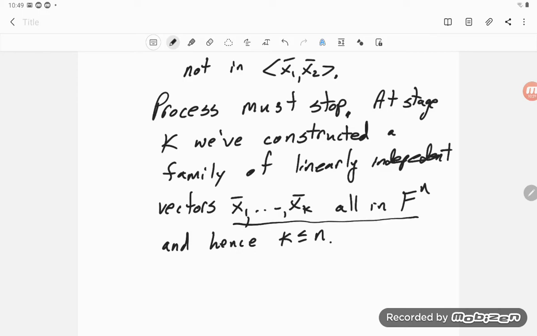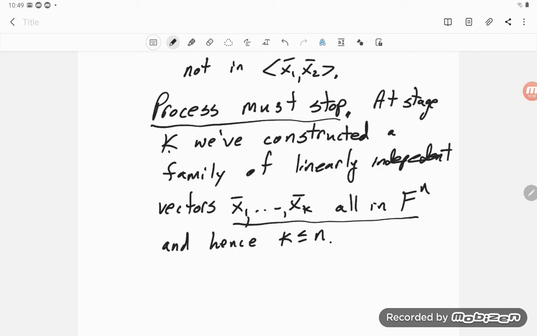If we go back to, I think it's 3.3.1, that original theorem says if I have more than n vectors, if k was bigger than n, they couldn't be linearly independent. So that's the part where they're saying it must stop.